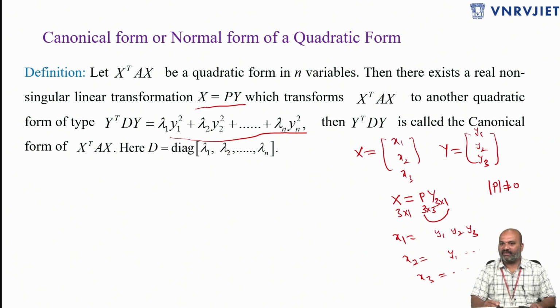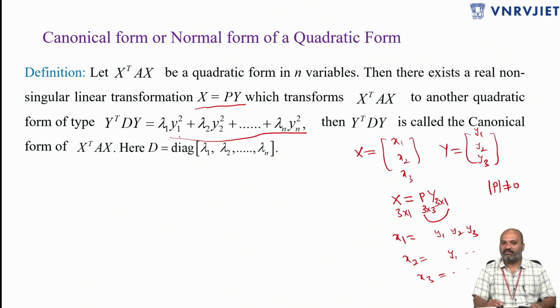This kind of form is called canonical form or normal form, also called sum of squares form. Here the coefficients are lambda 1, lambda 2, lambda 3 and so on up to lambda n. These coefficients are real numbers, but may be 0, positive or negative.